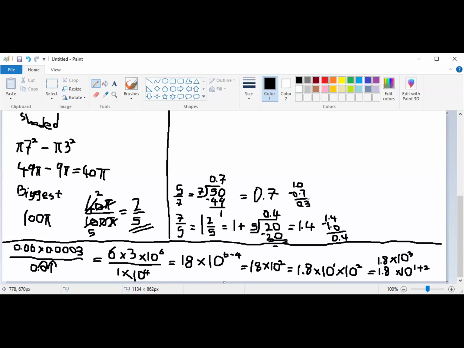Do you agree with that? Yes. Can you now see clearly how we came by our judgment using decimals? Do you agree with me that it's easier to use decimals to see the clearer picture of which one is closer to 1 than any other method?